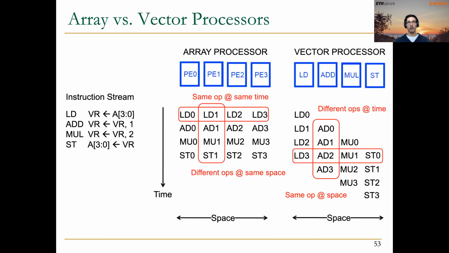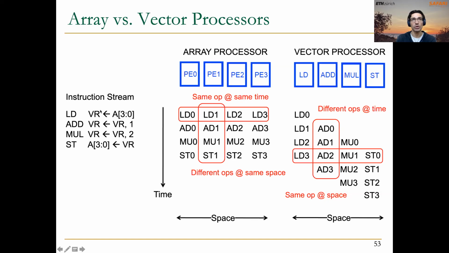Here you see on the left-hand side, we have our first SIMD code, or this instruction stream with a load instruction, an addition, a multiplication, and a store operation. Here, what we are doing is using vector registers, that are registers containing multiple elements that are going to be operated on by the same instruction.